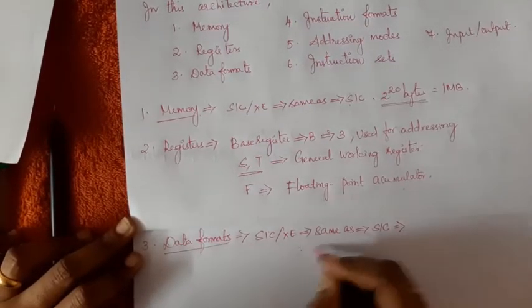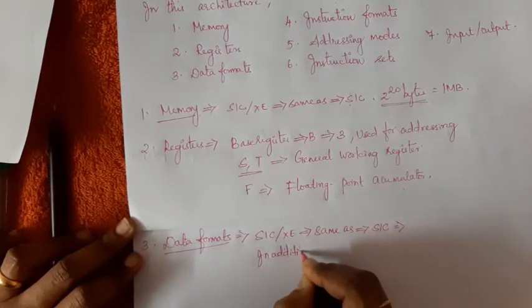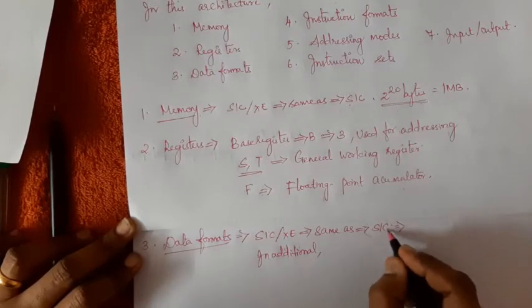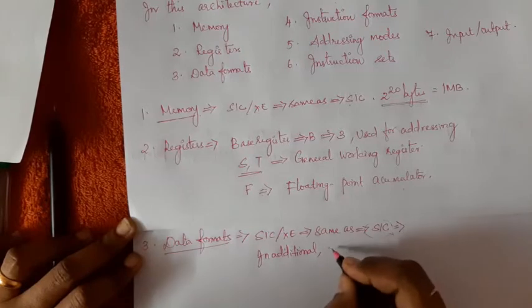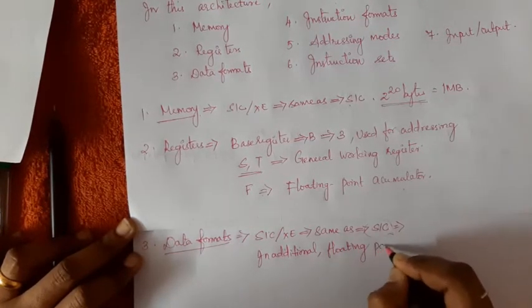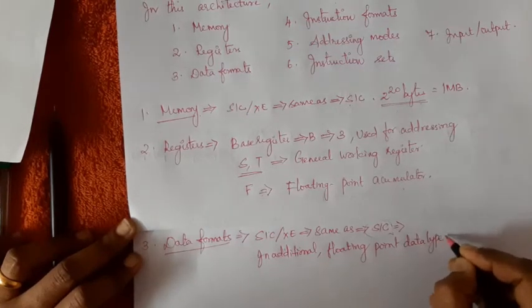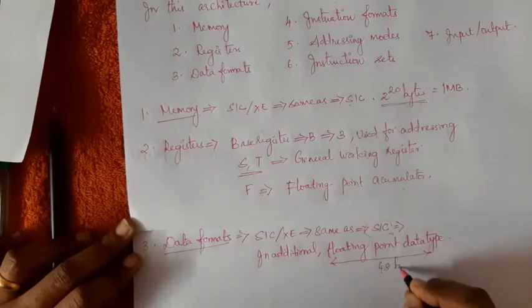Additionally in SIC XC we have the floating point data type, which SIC does not support. So this would be 48-bit.